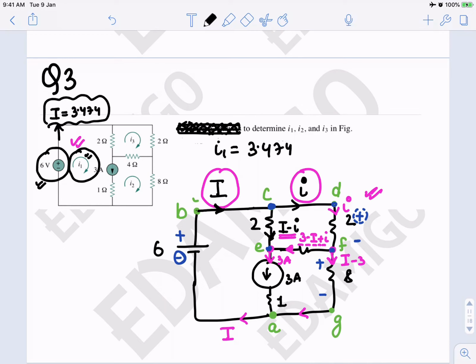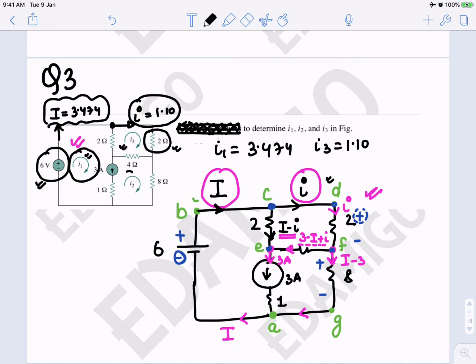Second, as we know, the current here is small I, as we have taken, and small I is equals to 1.10, we have solved it. Now the 2 ohm resistance is exclusively in this mesh, so the current through the 2 ohm resistance is I3, and small I is flowing through it, so I3 is equal to 1.10 amperes.